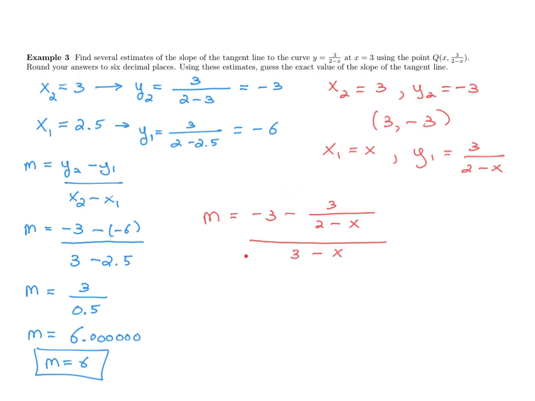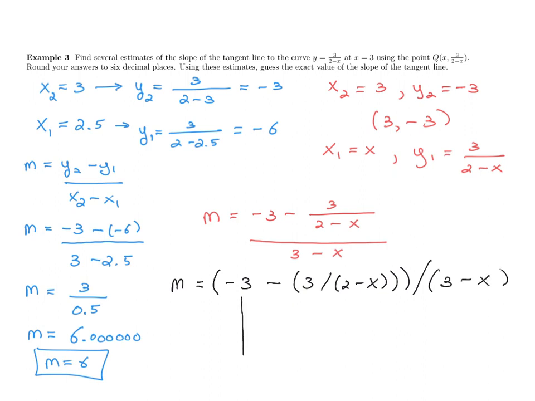You can enter this expression into your graphing calculator and then choose any number you want for x that is close to 3. The way I would enter this into my calculator: we have a fraction in the numerator, so here's my numerator. It's negative 3 minus, and I need another set of parentheses for the fraction. It'll be 3 divided by, but then I also need parentheses for the entire denominator of 2 minus x. So here's the numerator of this fraction, and we're dividing it by 3 minus x.